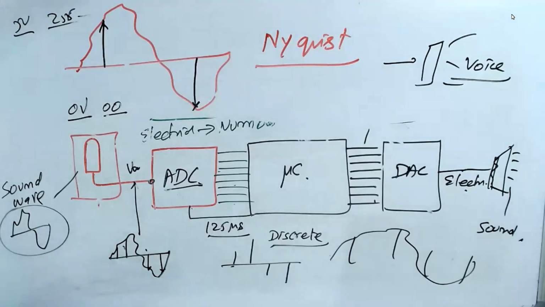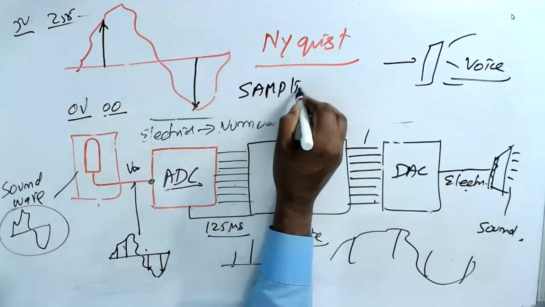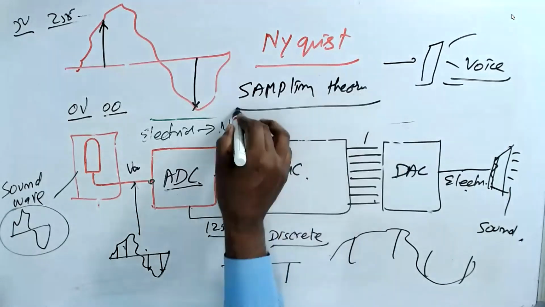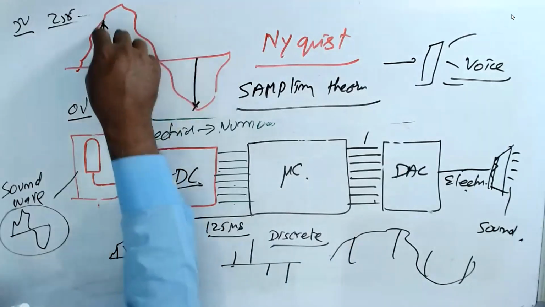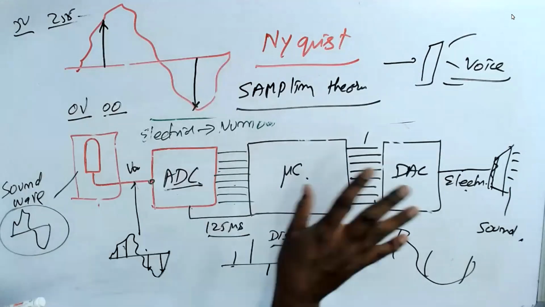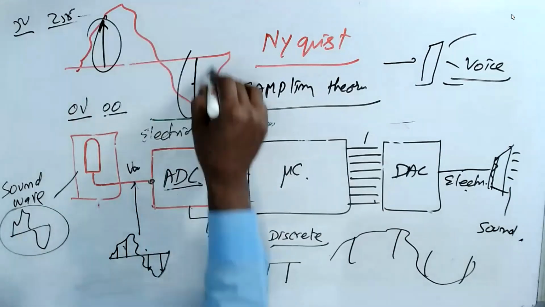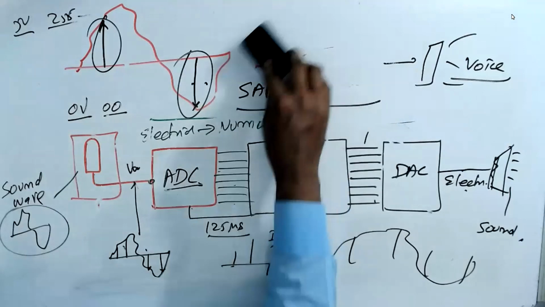That is called the sampling theorem. That means if my waveform is this, I'll be able to take 2 samples, enough. That means 2 numbers. Understand, every sample is a number. 2 bytes.